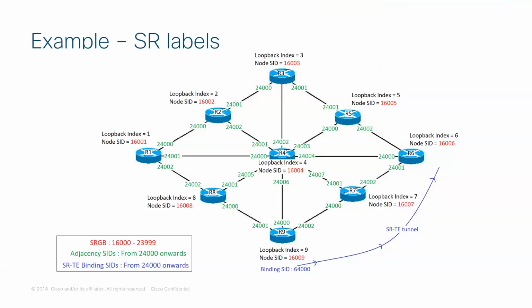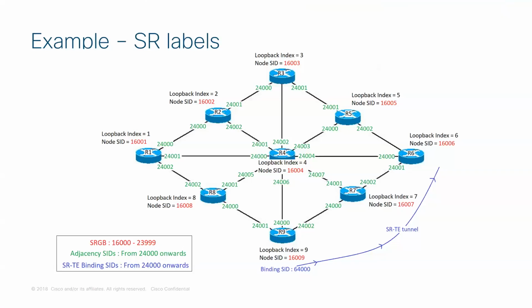The ASIC cannot handle that. Currently, the ASIC cannot handle more than 6, and 6 is pure SR. The moment you add services and other things, that reduces. So the recycle works only if it is not SR-TE traffic, where the intermediate router can have some information. If from the intermediate router you're okay to take the best path, then you don't need to specify the adjacency SIDs. The node SID is enough, because from R8 you're okay to take the best path.